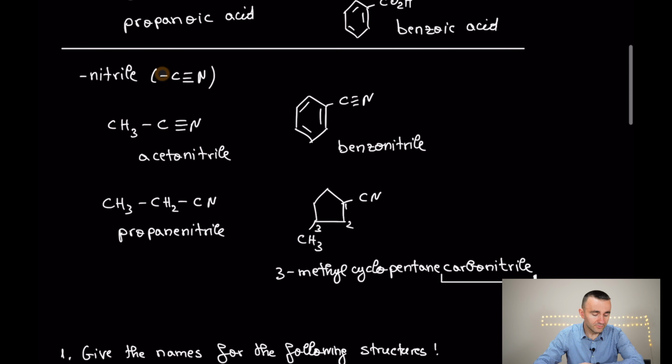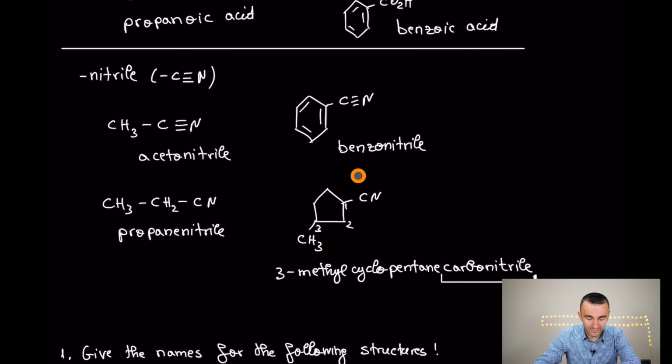Nitriles. Nitriles, for example, acetonitrile, benzonitrile, as commonly accepted names. The E is not dropped now because you do not have two vowels attached. So alkane name plus nitrile, propane nitrile.